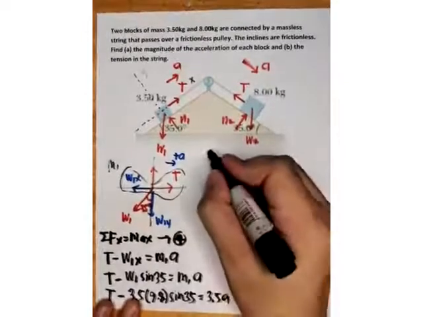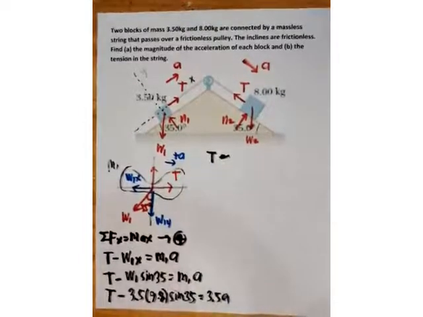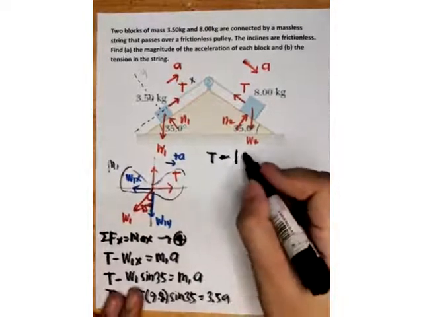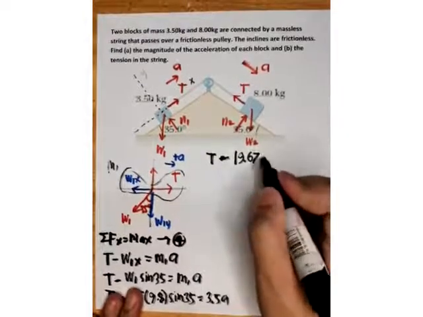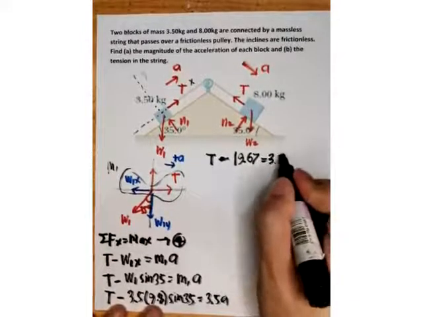So tension minus 19.67 is equal to 3.5A.